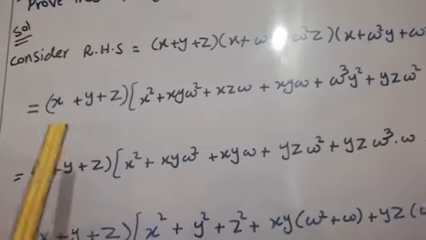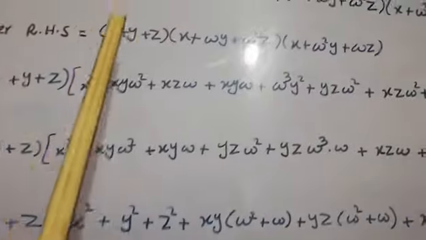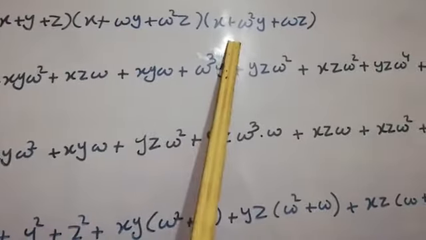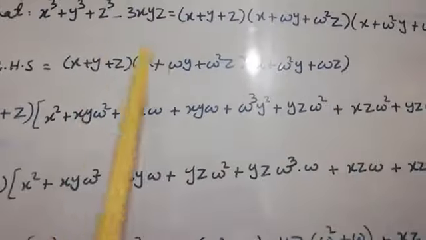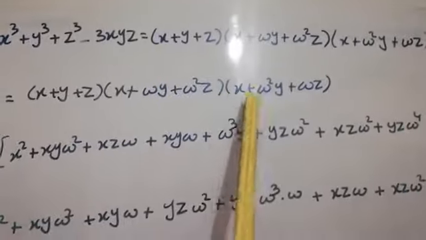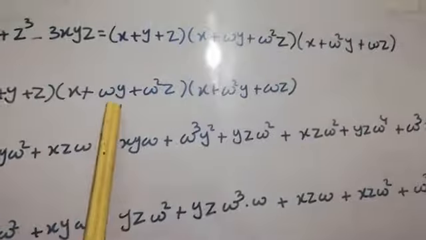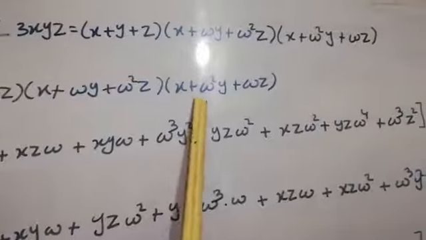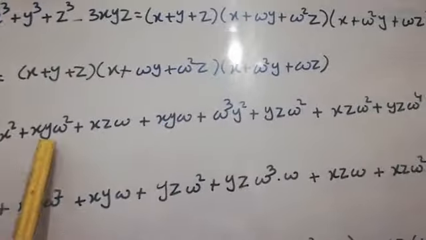After that you will put x plus y plus z as it is in all the steps, and we will just multiply these two brackets with each other: x into x, x square, x into y omega square, it becomes xy omega square. When we multiply these 3 values with these 3 values, we have 9 terms.